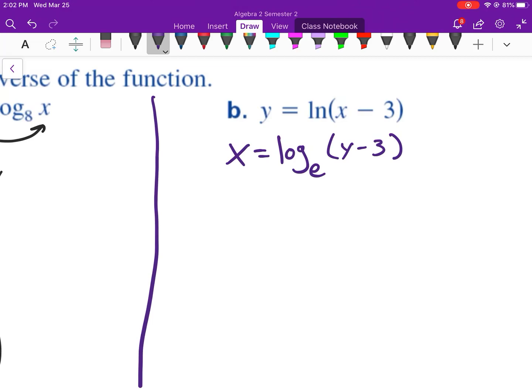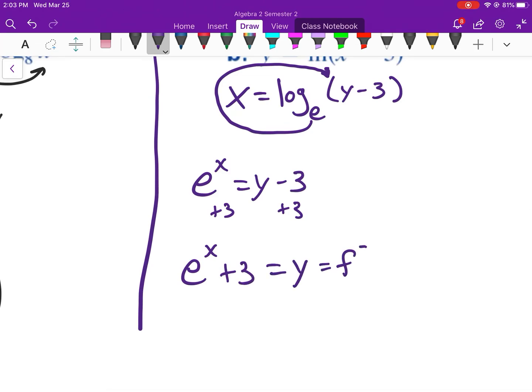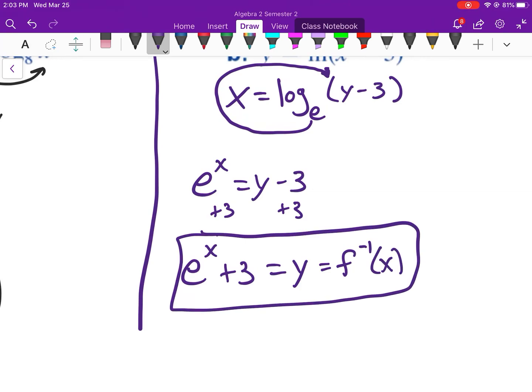That's part of the log, meaning we can't move that 3 over quite yet. So at this point, the log is by itself, and our goal is to solve for y. So we're going to rewrite. So we get e to the x is equal to y minus 3. The last step is to add 3 to both sides. So e to the x plus 3 is equal to y. And since we solved for y, there's our inverse.